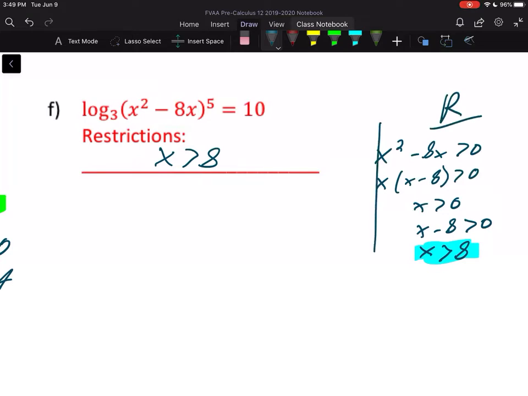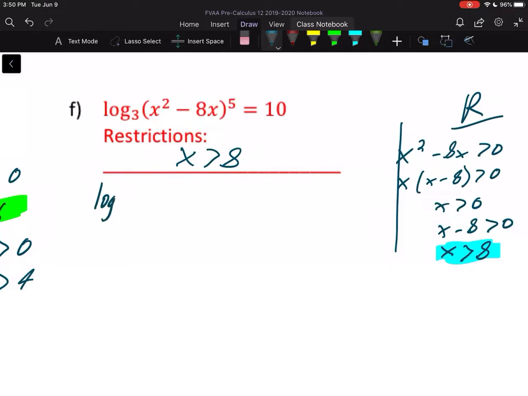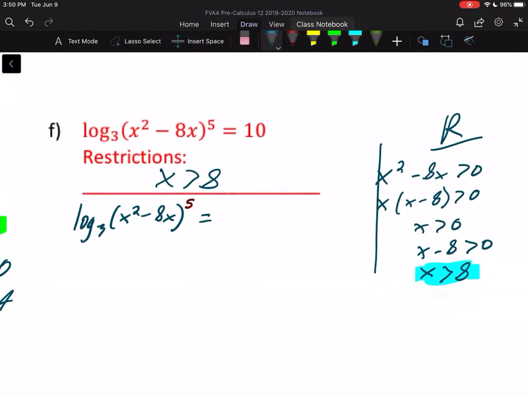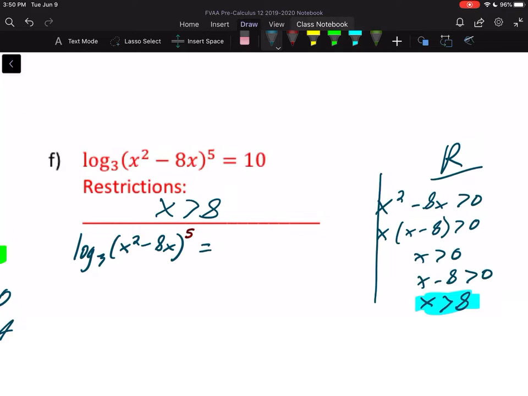Now let's get to the actual solving here. I have log 3 bracket x squared minus 8x, close, exponent 5, is equal to, all right, and then here I need something that's log to the 3 that's going to be equal to 10. So again, always go back to exponent form.